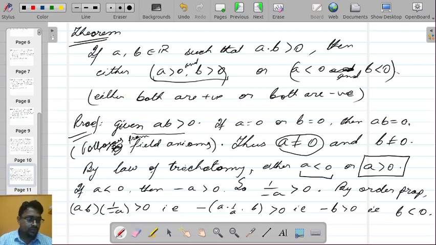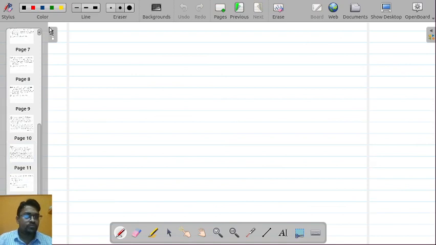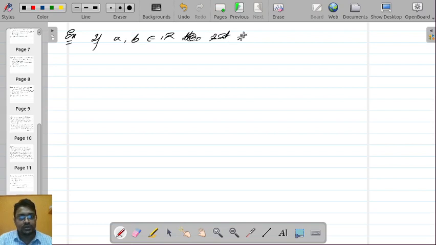Just let me do one result. Previously I forgot to do this exercise also. If a, b belongs to R, then number one, if a is greater than 0, b is less than 0, this will imply a into b is negative.